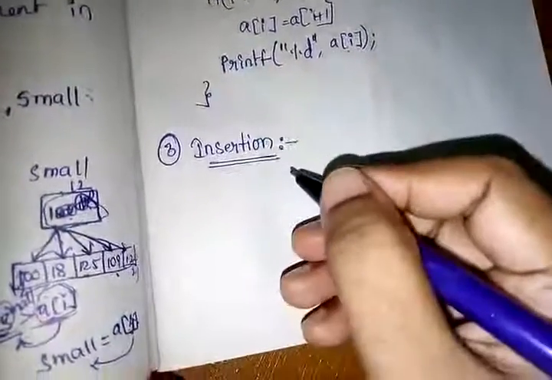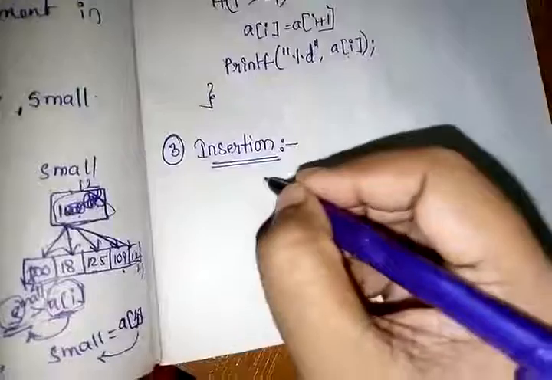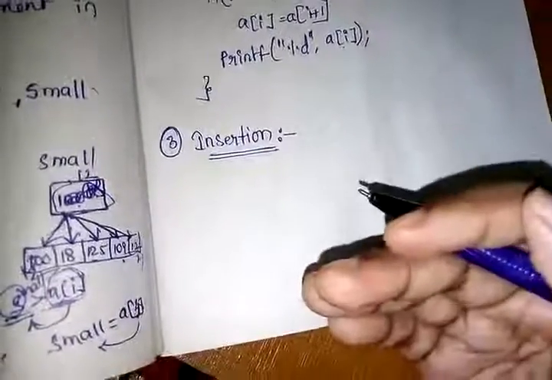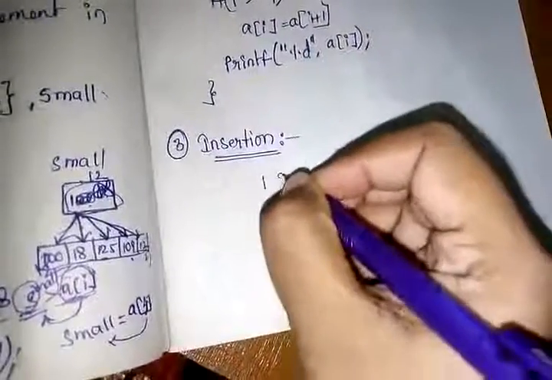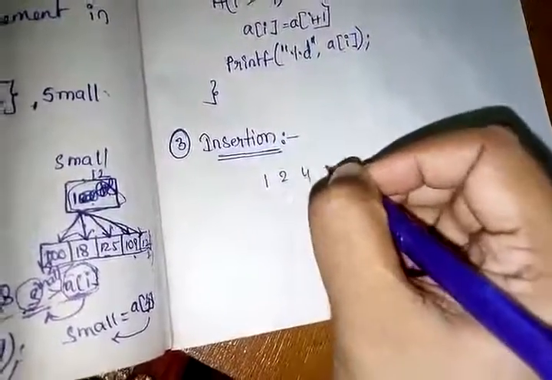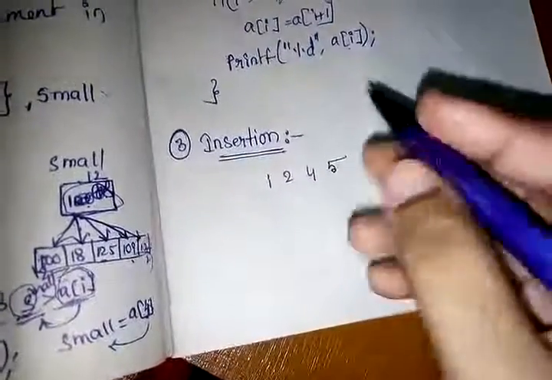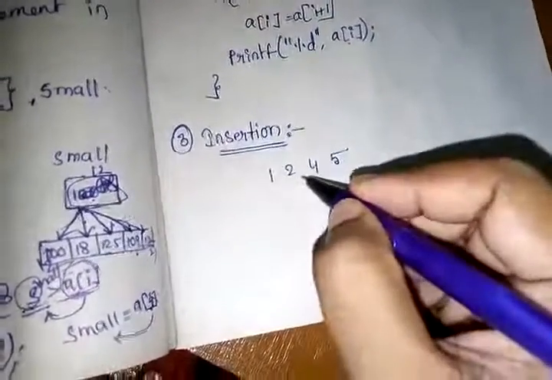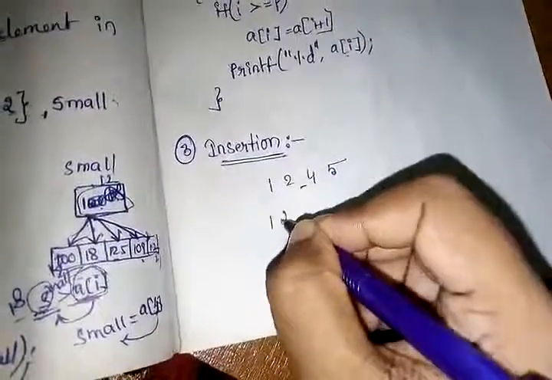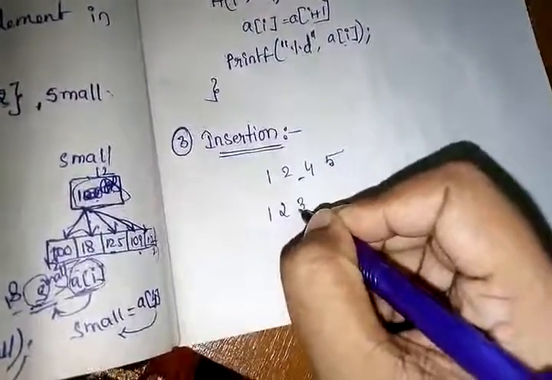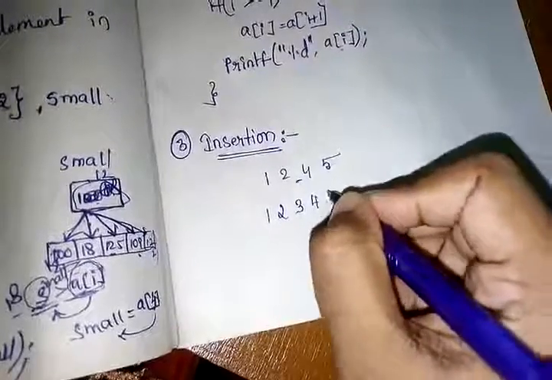So the next operation is insertion. In order to insert an element into an array, we need to shift the elements. Say for example, we have the elements 1, 2, 4 and 5. Now we want to insert an element at position 3. So 1, 2, after 2 we need to insert 3, and then 4, 5.